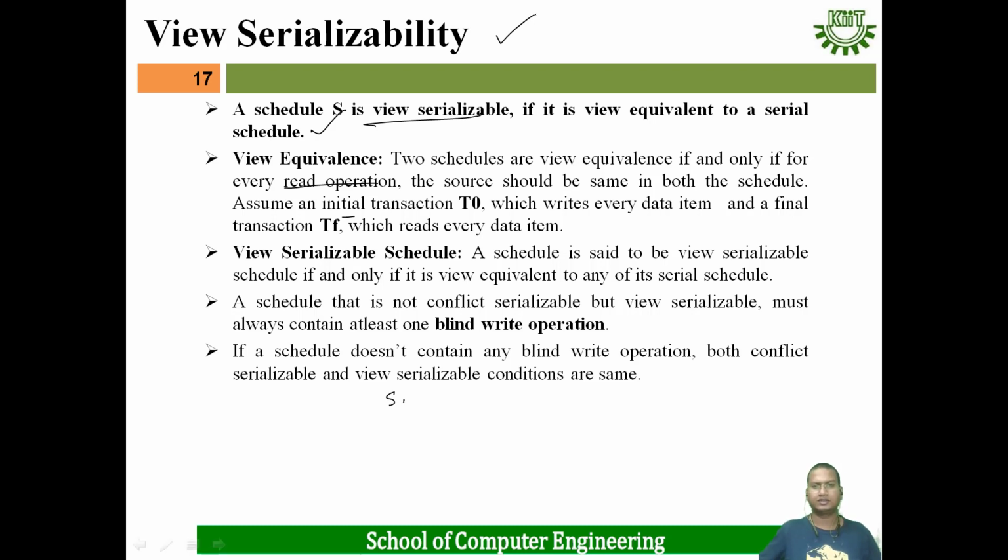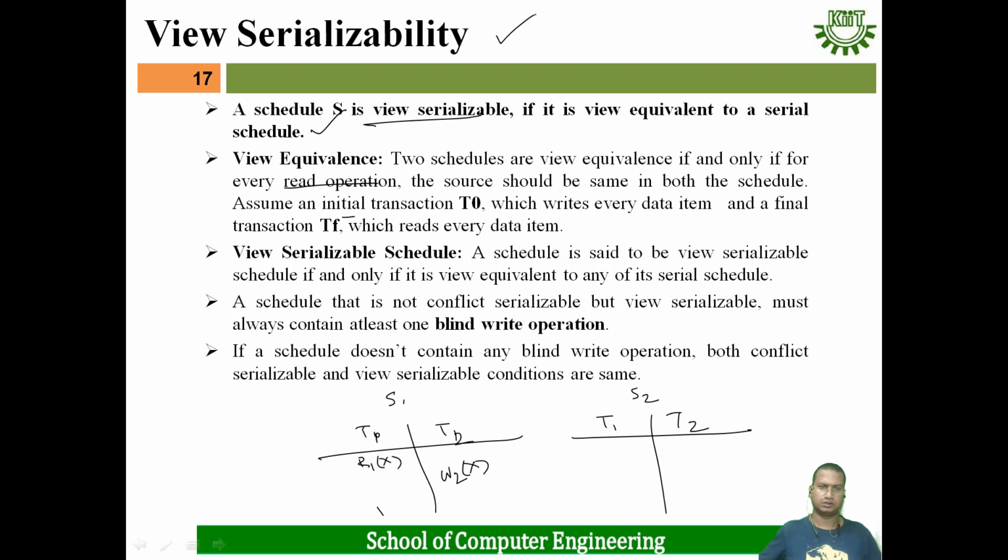Suppose two schedules S1 and S2 are there, with transactions T1, T2 and T3. The operations are R1x, W2x, W1x, and W3x in one schedule, and R1x, W1x, W2x, and W3x in the other.